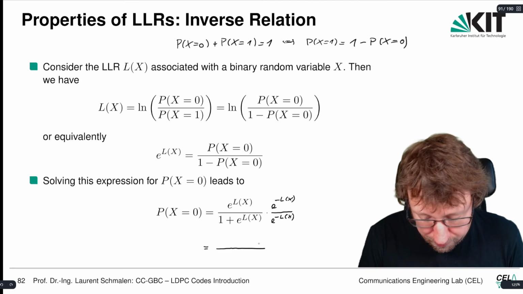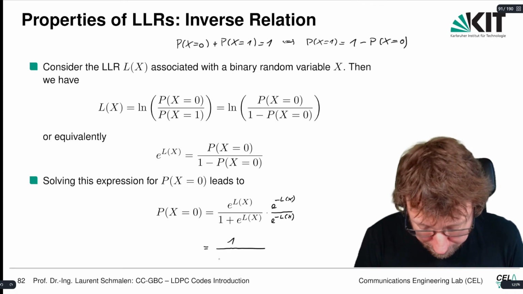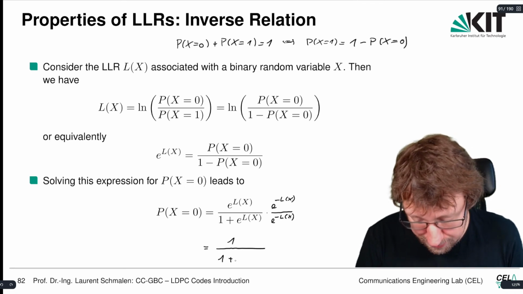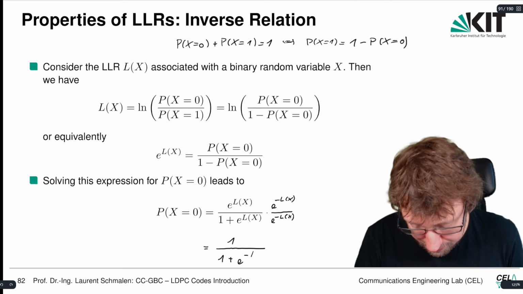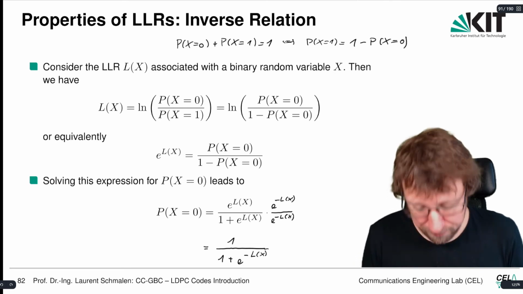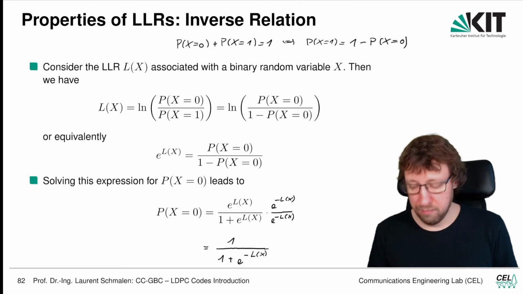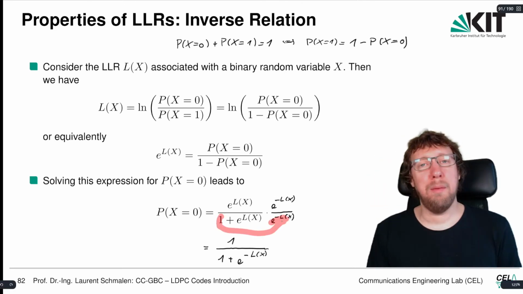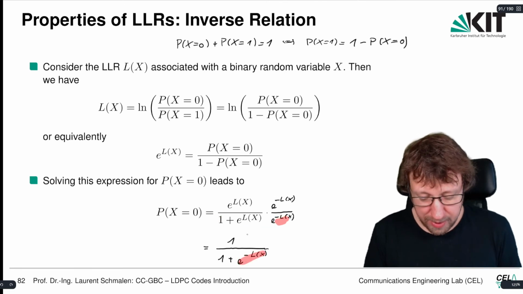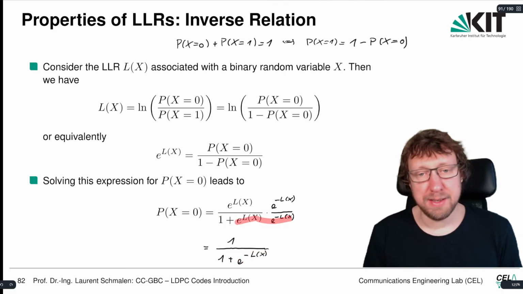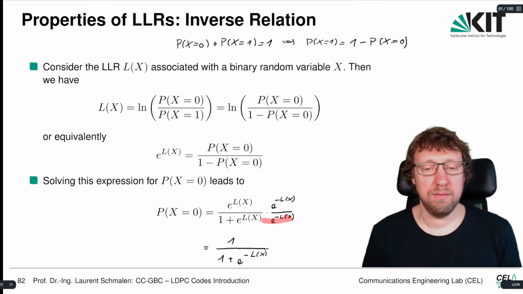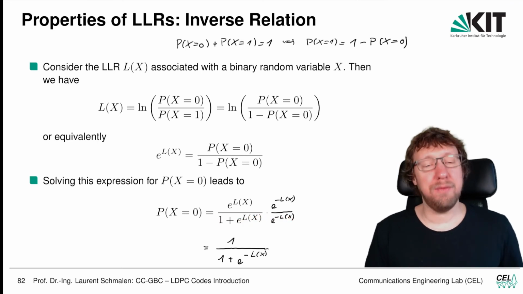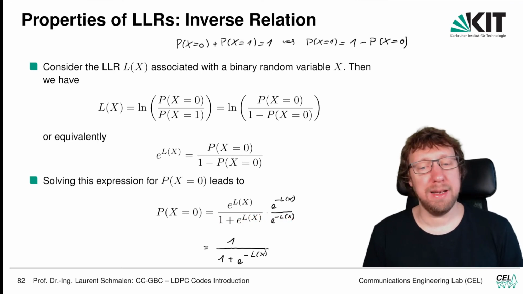And we get 1 divided by 1 plus e to the power minus L of x, because this multiplied by this is e to the power minus L of x here, and this multiplied by this is equal to 1.